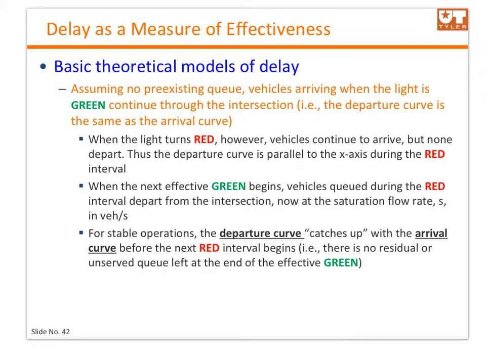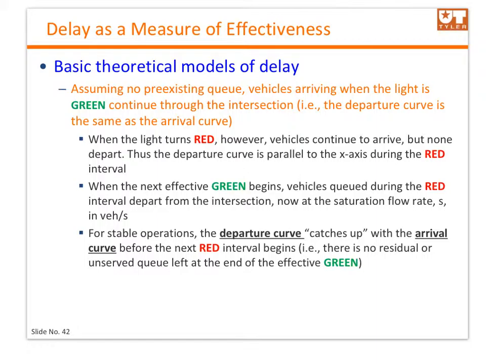What happens now once we have the green? When the next effective green begins, vehicles queued during the red interval depart from the intersection at the saturation flow rate S, which is in vehicles per second. For stable operations, the departure curve must catch up with the arrival curve before the next red interval begins. So if the departing curve catches up with the arrival curve, that means it's a stable operation.